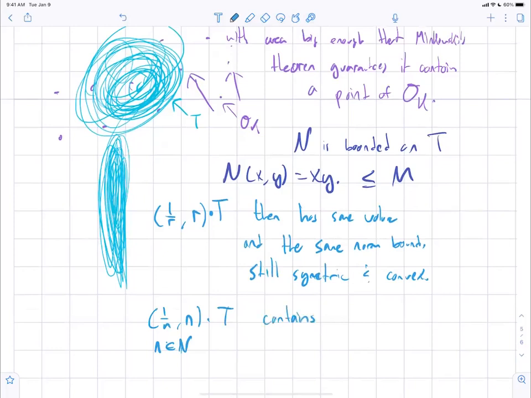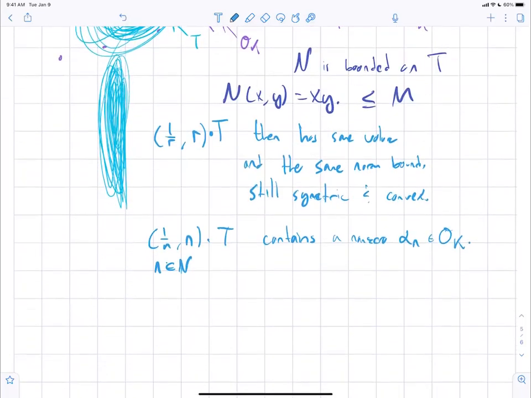It contains, by Minkowski, and because the volume of T, which is the same as the volume of this set, is enough for Minkowski to apply, a non-zero alpha n in O_K of norm less than or equal to m.